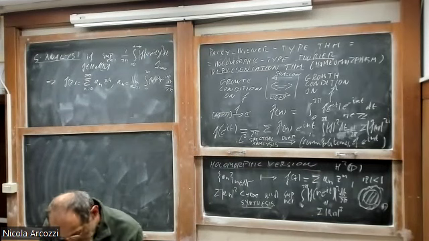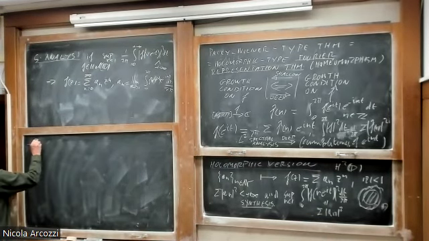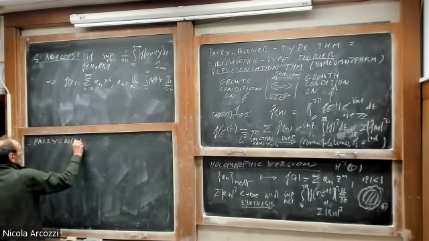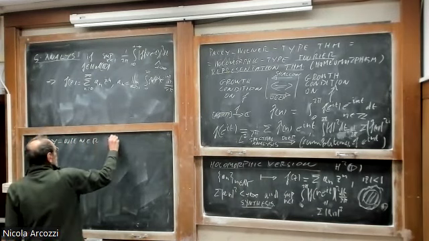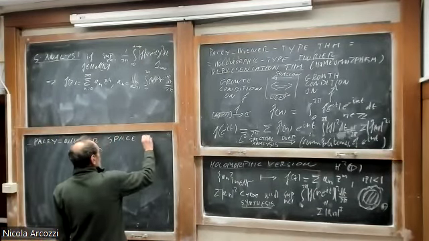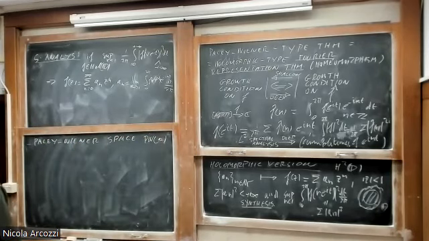So now recall what the Paley-Wiener space with a positive is given by the functions f.